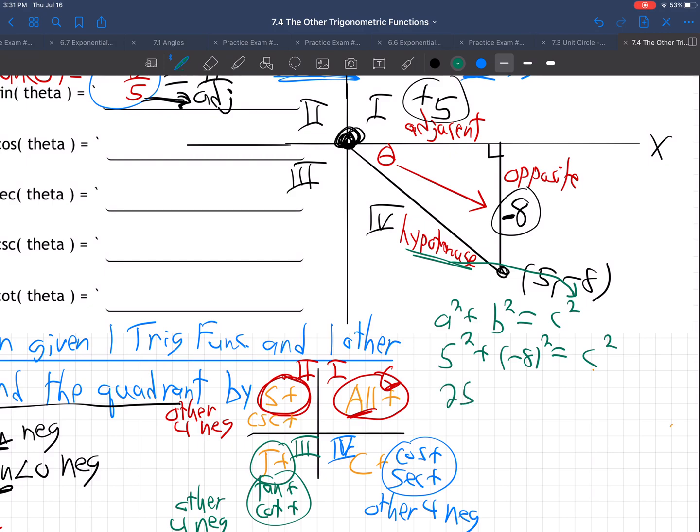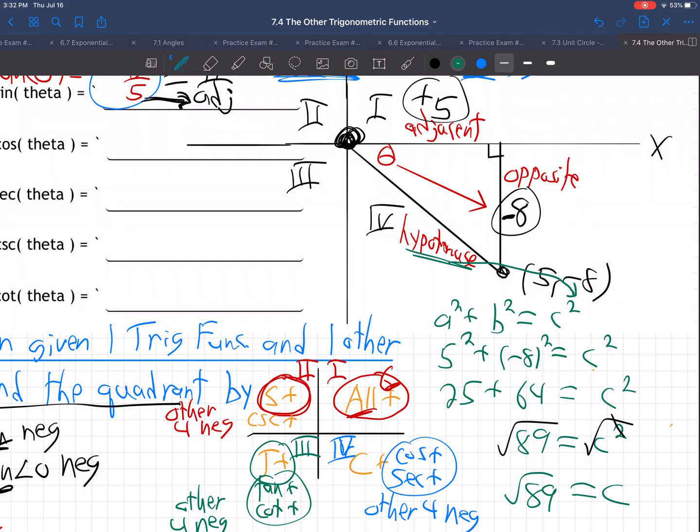So 25 plus 64 is c squared. That's 89 is c squared. Root it. I don't think that's a very nice number. It just comes out some ugly decimal. So I'm just going to leave it like that. It's just root 89. We'll just take it from there.